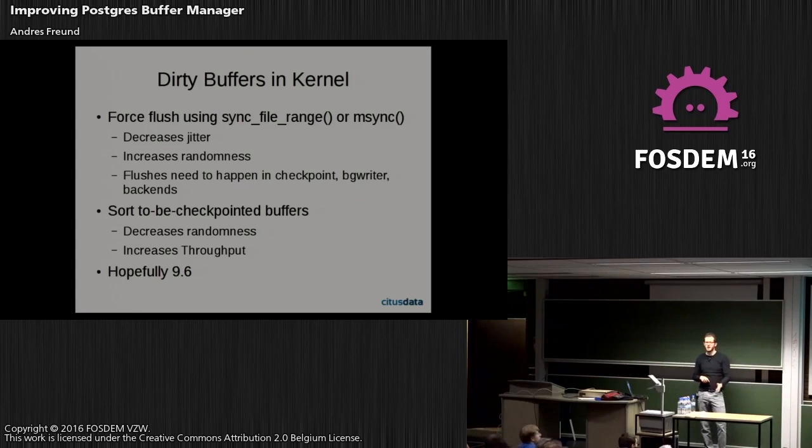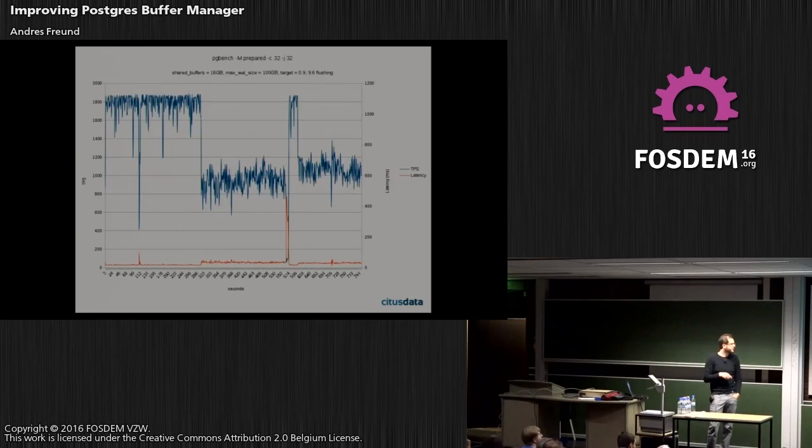So the idea for the checkpointer, which has to go through all the buffers, is we first go through all the buffers, remember which ones are dirty, and then sort them, and then only write the sorted buffers out. That is a bit of overhead, like doing the computation, but it's not that much. So that actually helps a lot, and those two together then give performance that looks like this.